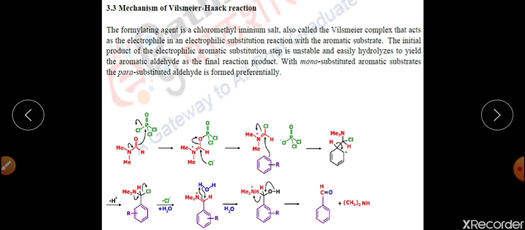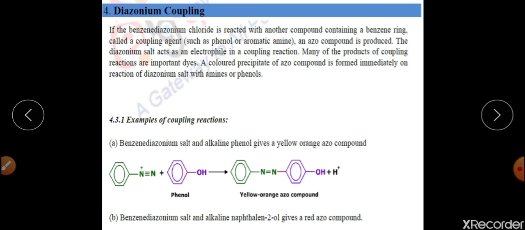All these reactions differ in many categories, from substrates to reagents to solvents to the mechanism, but ultimately they are introducing CHO group on the benzene ring. That may be at the ortho position, that may be at the para position, depending upon the type of reaction condition we have used for the reaction to happen. So this is all about the Vilsmeier-Haack reaction.